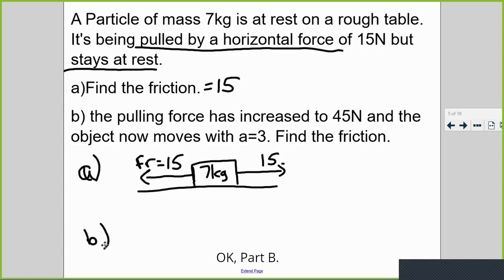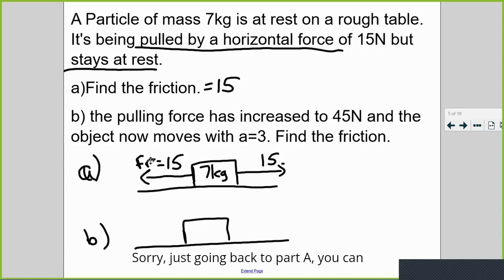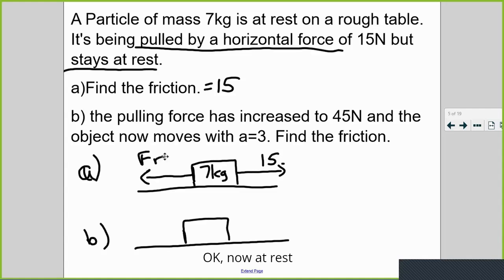Okay, part B. Sorry, just going back to part A, you can actually calculate it if you wanted to. At rest means a is equal to 0.